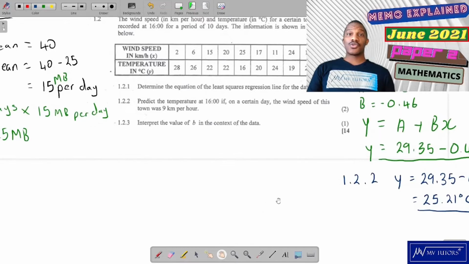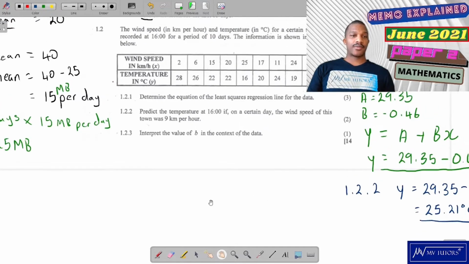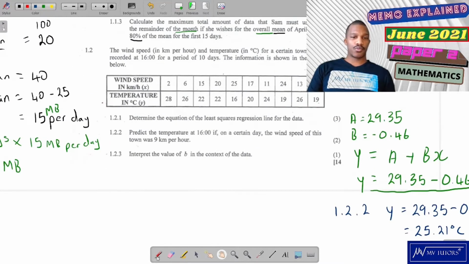Well, let's go to the last question now, which is 1.2.3. Okay, so interpret the value of B in the context of the data. So that's the same B as that one over there.